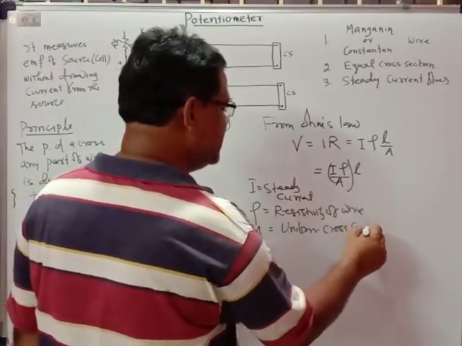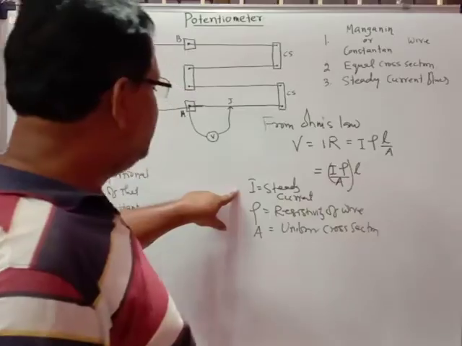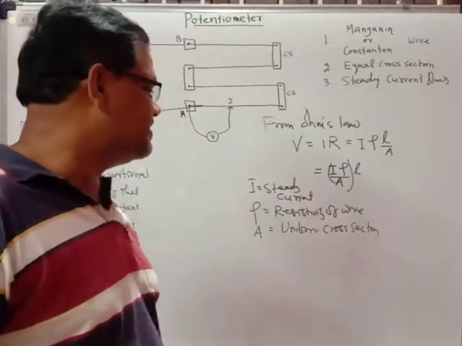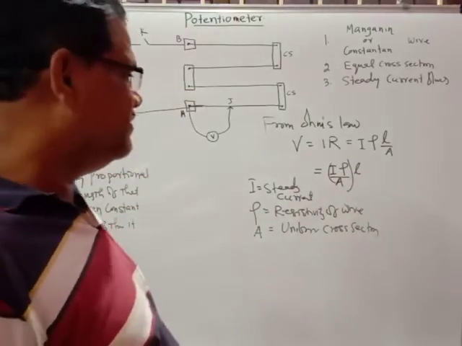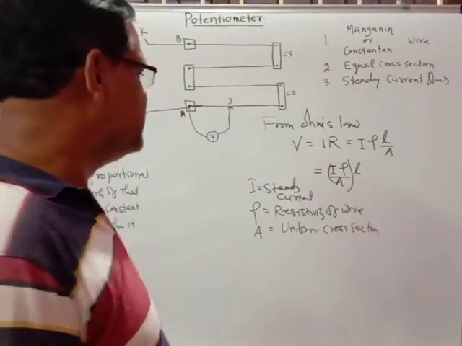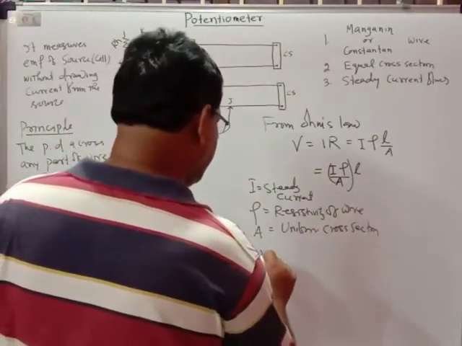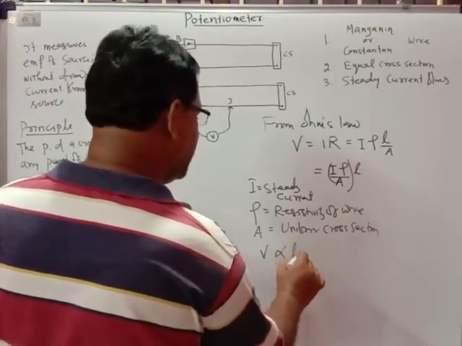So for a steady flow of current and a uniform cross-sectional area of the wire, V is directly proportional to L.